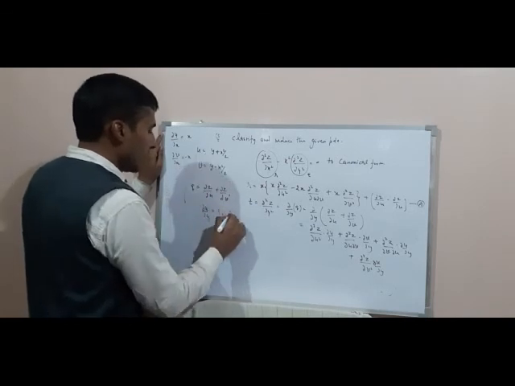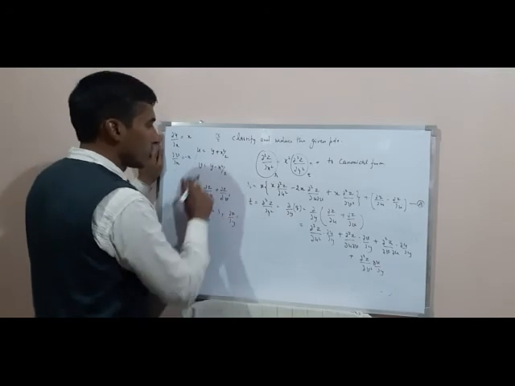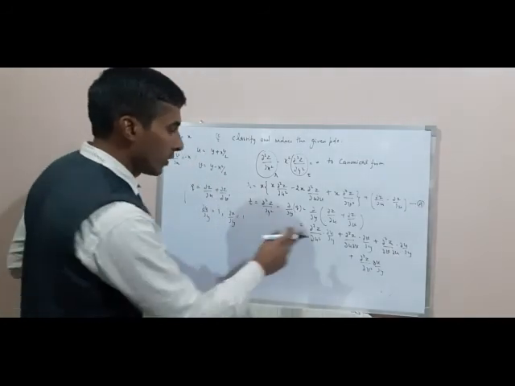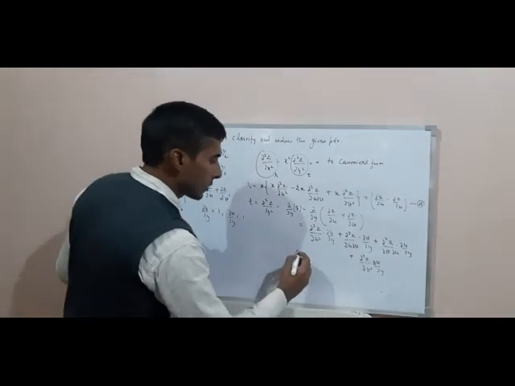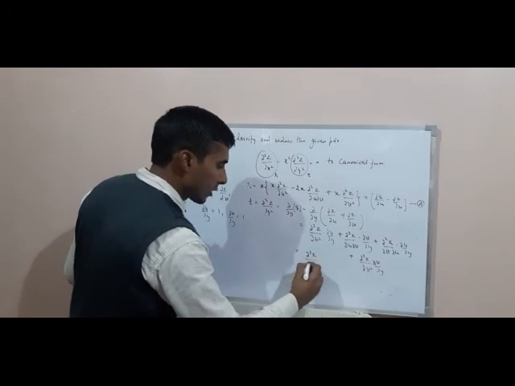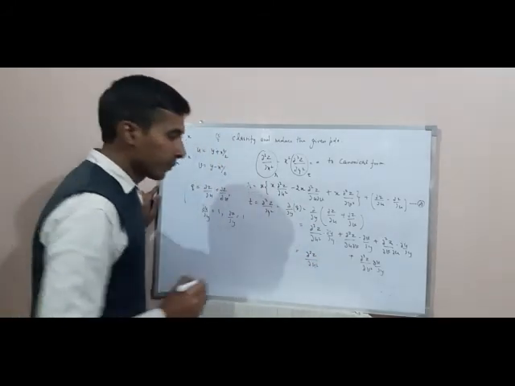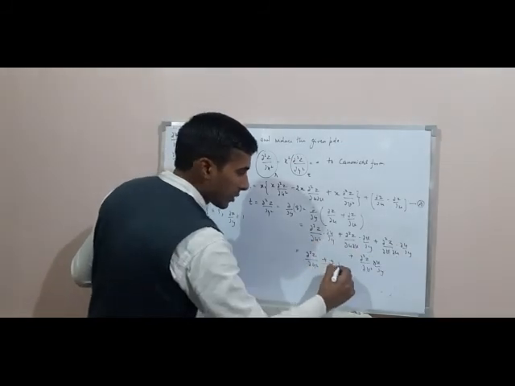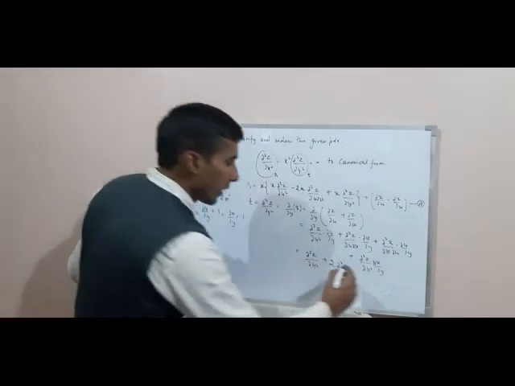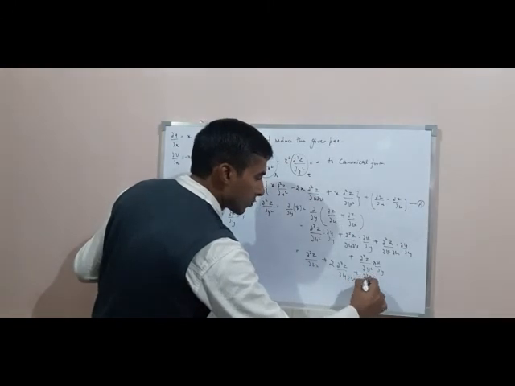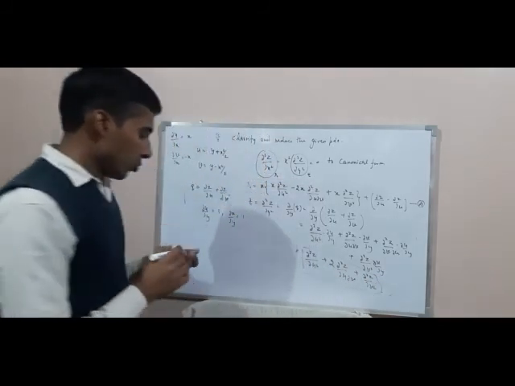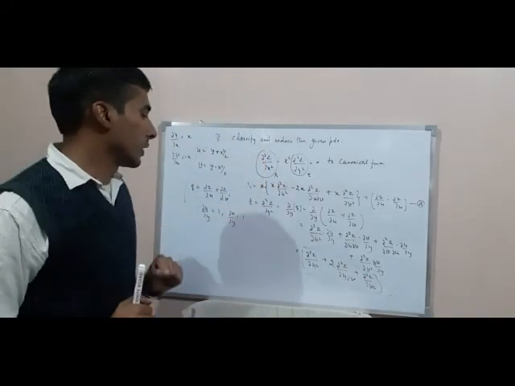This is 1, and ∂v/∂y is also 1. So we substitute these values and this expression can be written as ∂²z/∂u², plus 2 times ∂²z/∂u∂v, and the last term is ∂²z/∂v². So this is the value of small t.